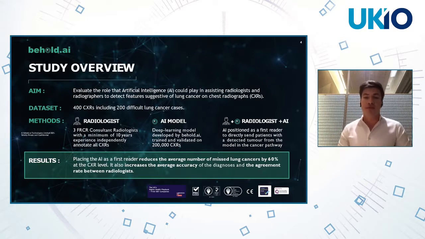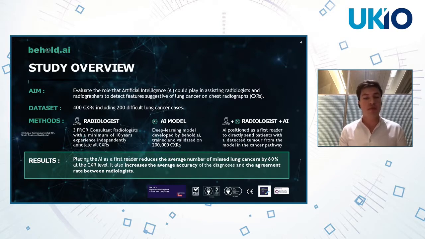So, a brief overview. The aim in this study was to understand if AI could play a role in helping radiologists to detect suspected lung cancer on chest radiographs. To do so, we had a dataset made of 400 images, including 200 difficult cases. As a method, we had 3 FRCR consultant radiologists annotating the images independently.